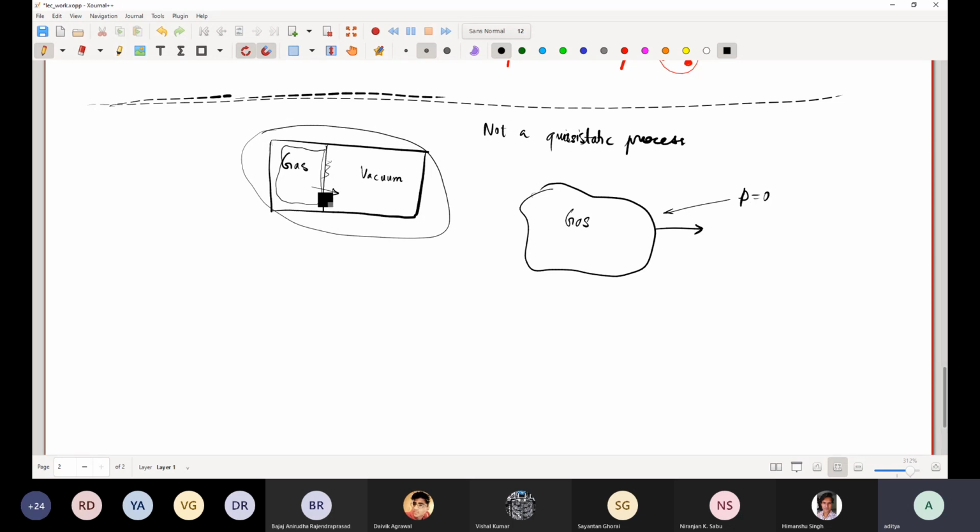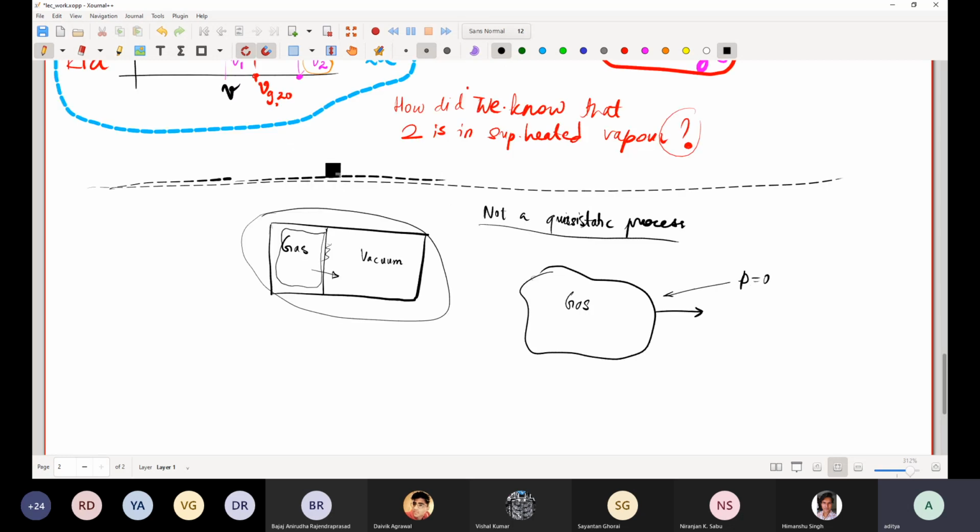After rupturing, the gas will occupy the entire volume, but because it's a non-steady, non-quasi-static process, it does it so quickly that during the expansion of the gas to fill the entire volume, there is no back pressure that the gas sees in order to do work.